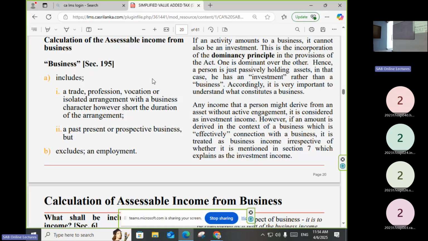Profession and vocation. What is a profession? What do you mean by profession? A professional line.